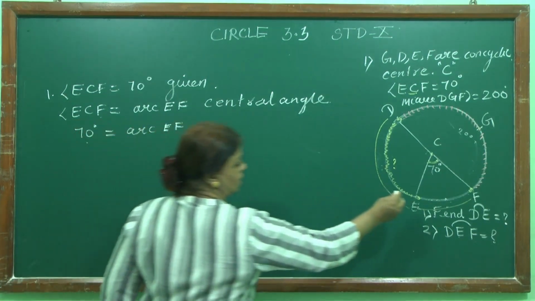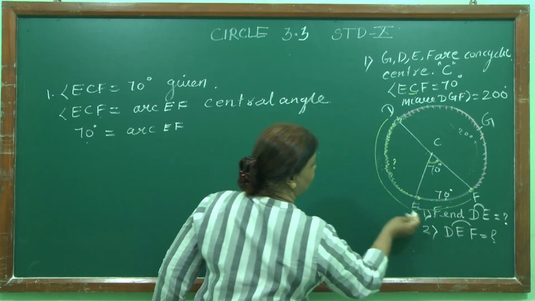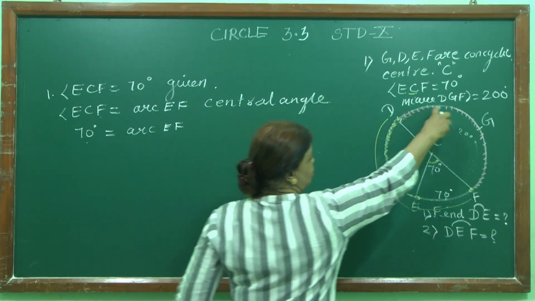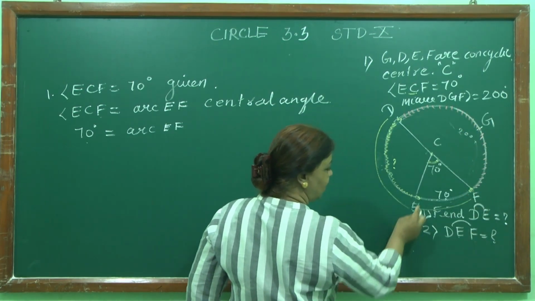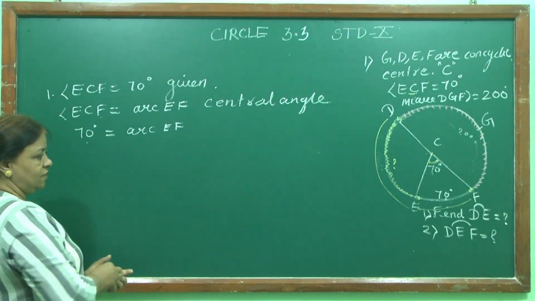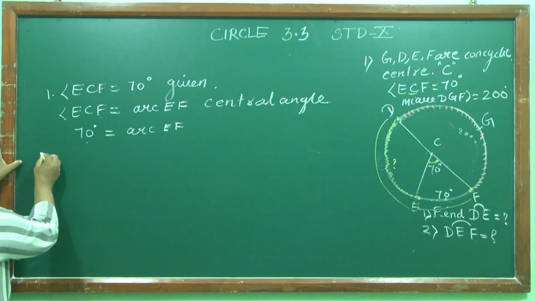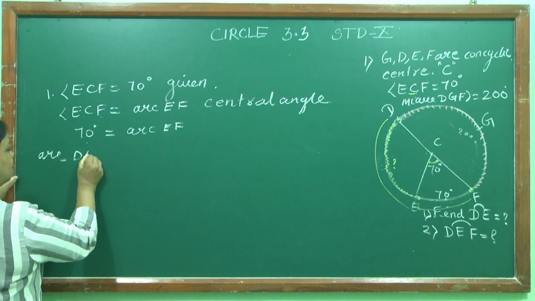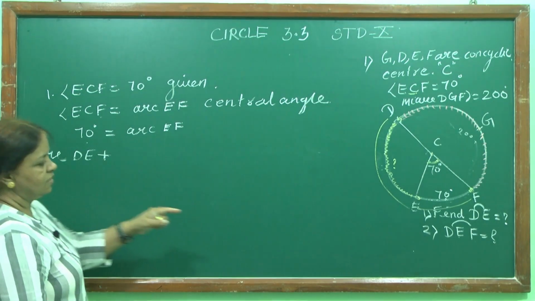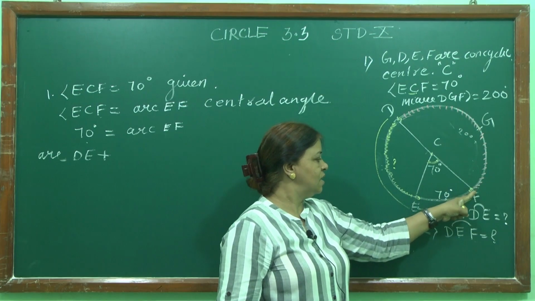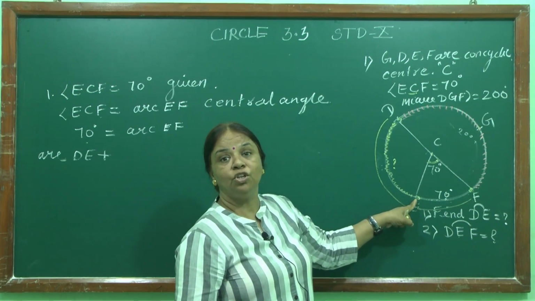Now this is 70 degree. We want to find DE. See here, DGF is given 200, EF is 70 degree. We can use this: arc DE plus this plus this is going to be 360.